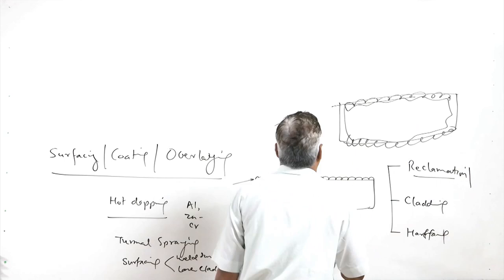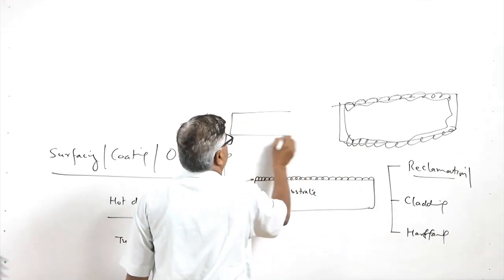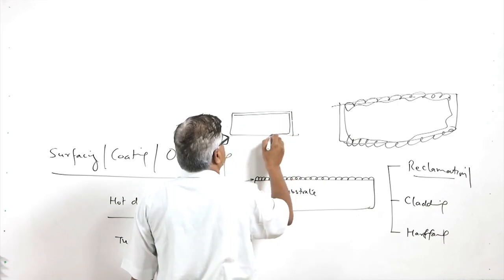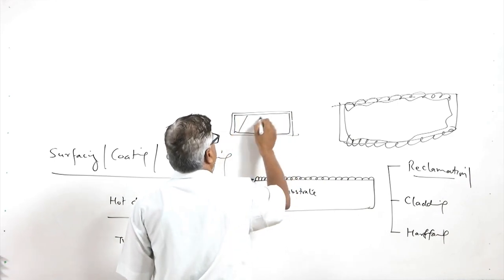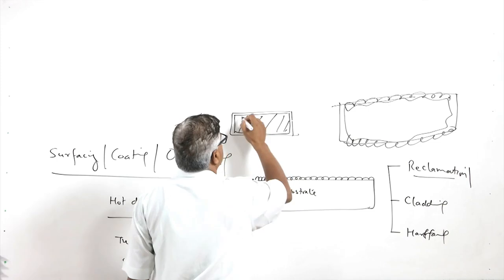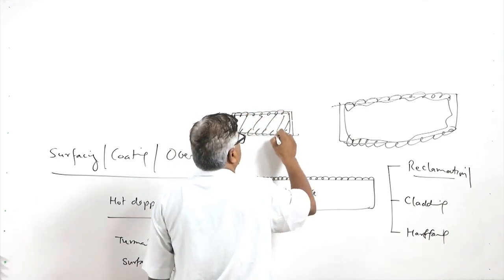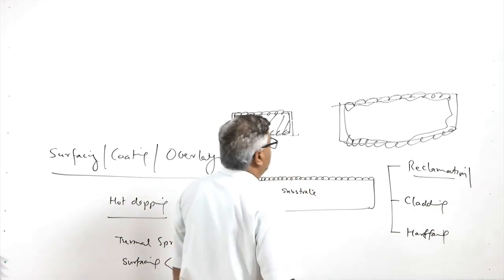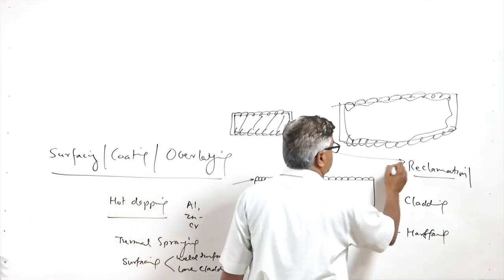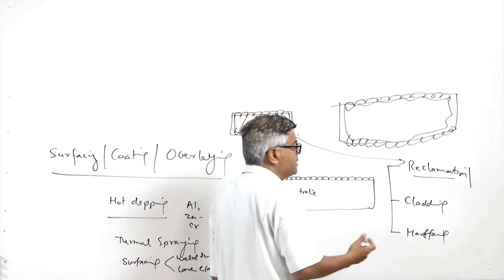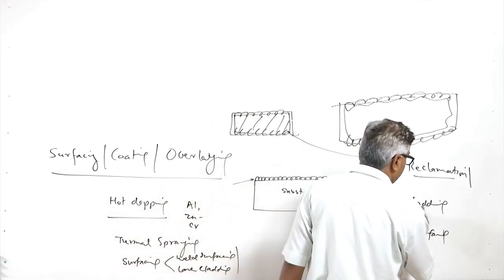If the component has lost its dimensions by this much magnitude after service, additional material is deposited and then machined so that the original dimensions can be restored. This is what is called reclamation, where the worn out component's dimensions and properties are restored.